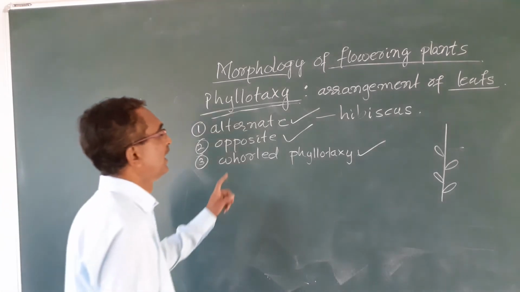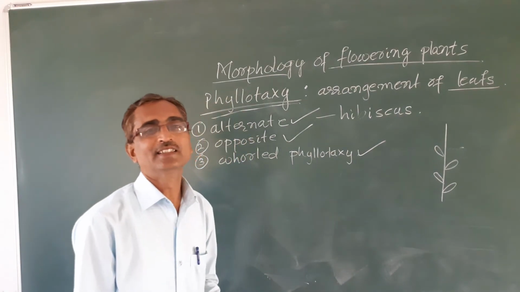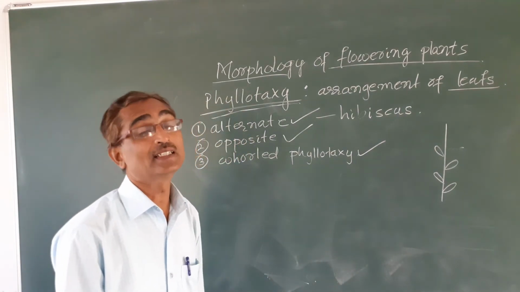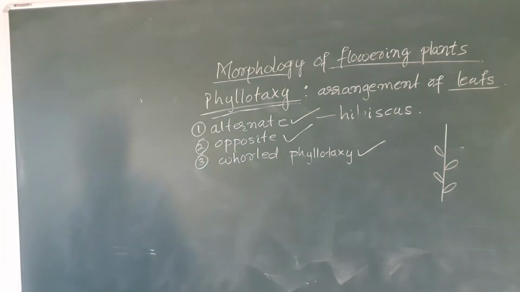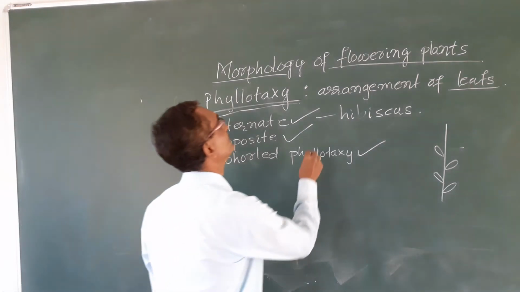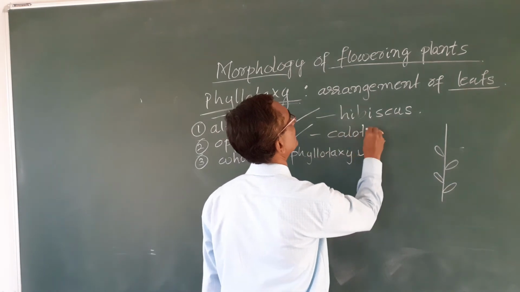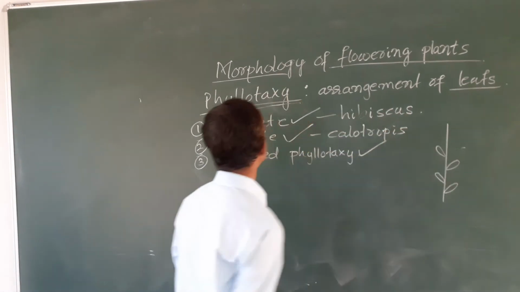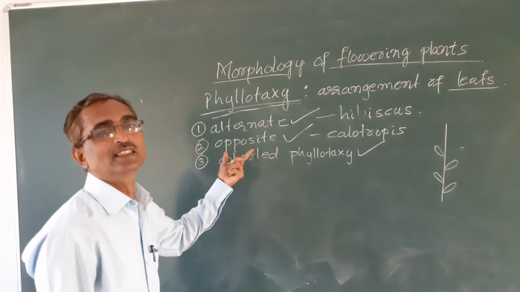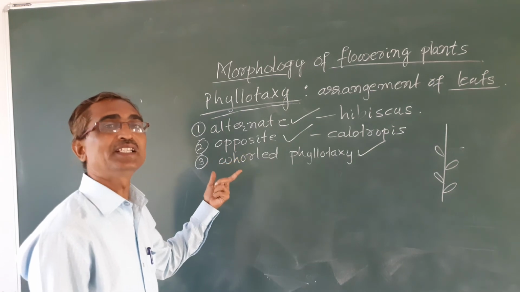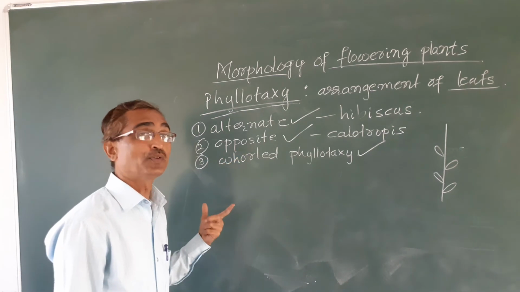Next, in opposite phyllotaxy, the leaves are arranged in pairs at each node, opposite to each other.